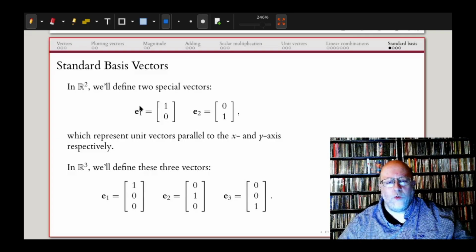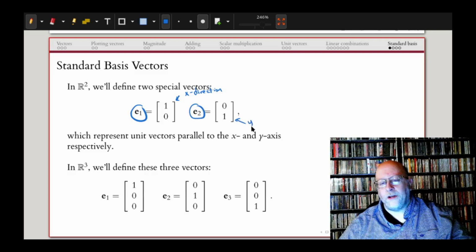In R2, we define two special vectors. E1 represents moving 1 unit in the x direction only. And E2 represents moving 1 unit in the y direction.